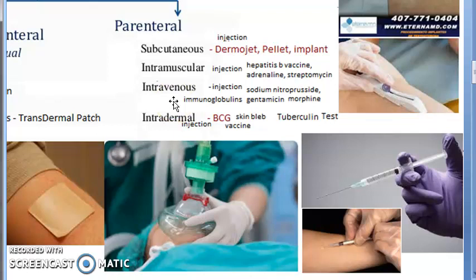Then uncooperative patients, if they are vomiting, etc. The disadvantages are that you need skilled people, you need a sterile environment, you can even introduce an air embolism which could be fatal. Local tissue can be injured, and it's risky because suddenly you might inject something wrong and the patient can even die, right?